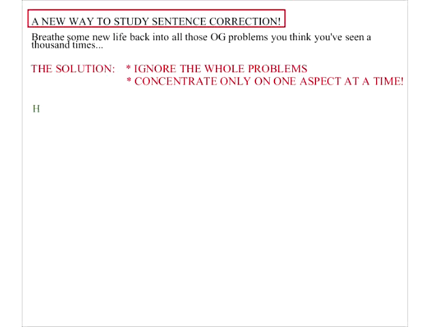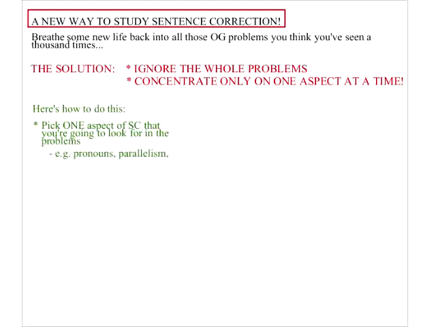Okay, here's how to do this. What you want to do is pick one aspect of sentence correction that you're going to look for. Just one. So, for example, pronouns or parallelism or whatever else.